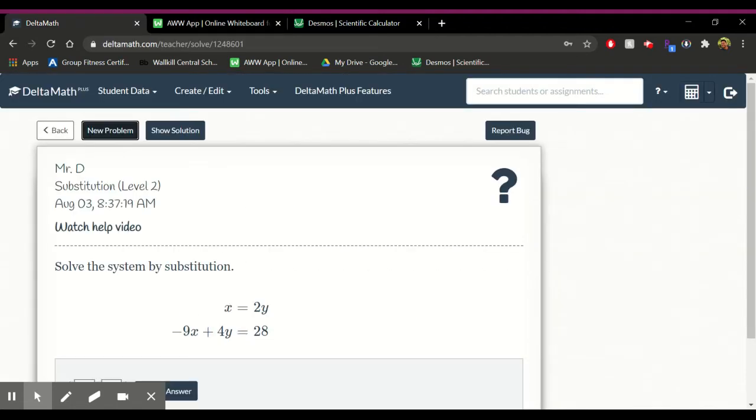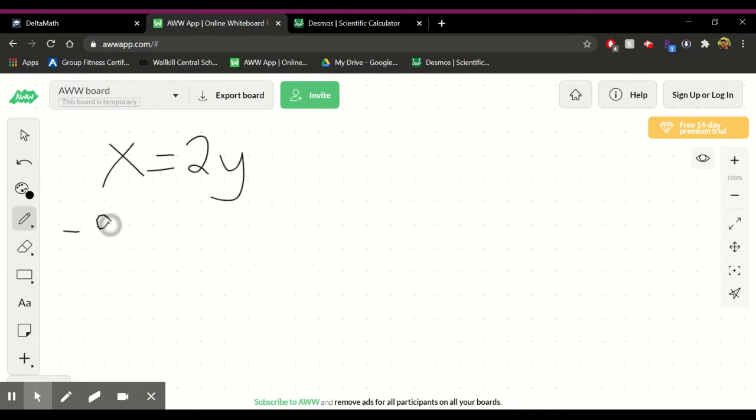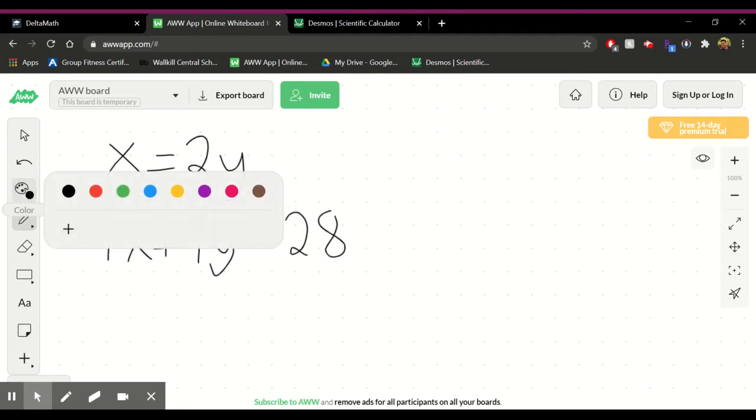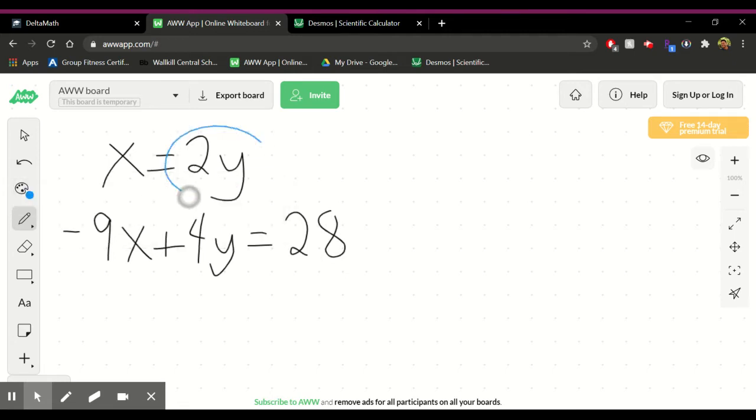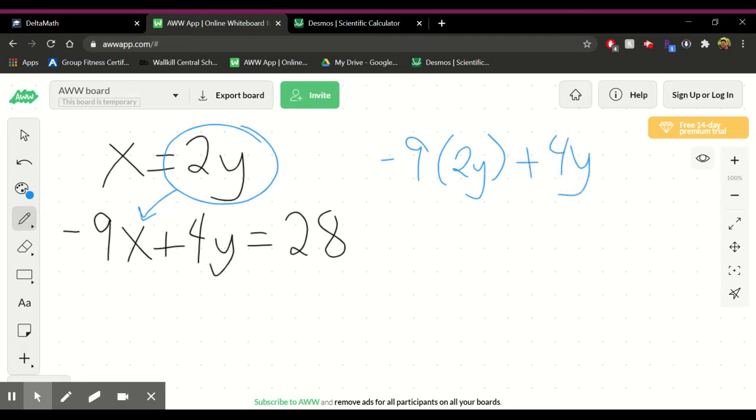And we have negative 9x plus 4y is 28. Okay. The x in the top equation is isolated, so I'm going to take this and plug it in for x. So we have negative 9 times 2y in parentheses plus 4y is 28.